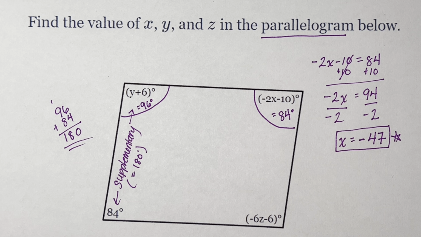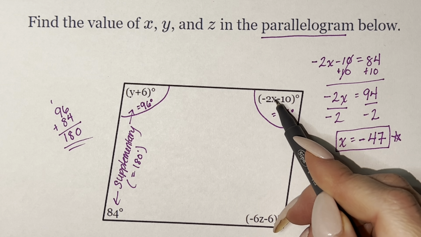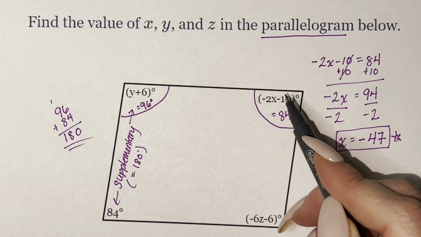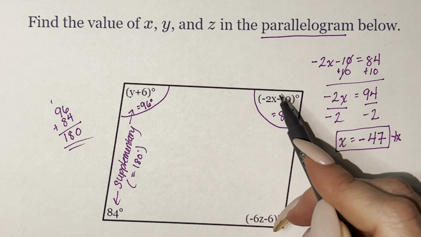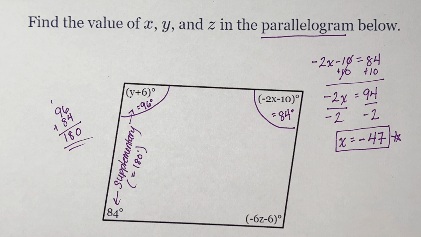So x is going to equal negative 47 because if you plugged negative 47 in for x, negative 47 times negative 2 is positive 94, and positive 94 minus 10 is 84. So that's why x is equal to negative 47.